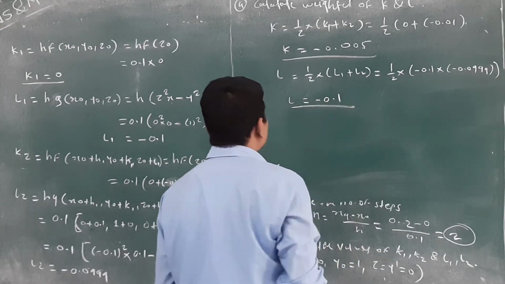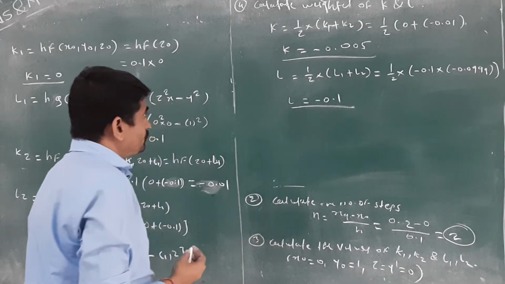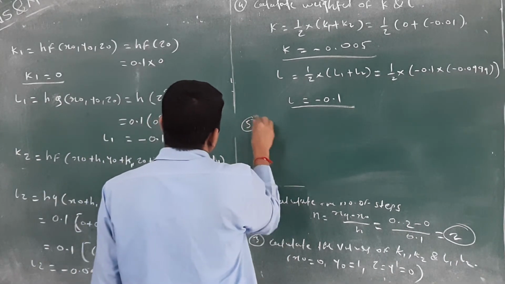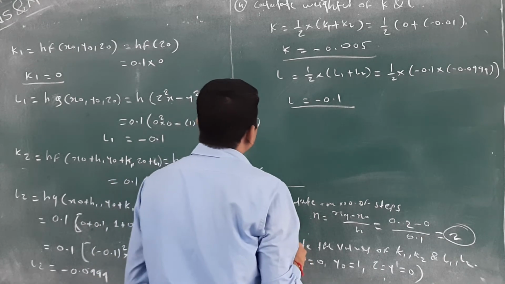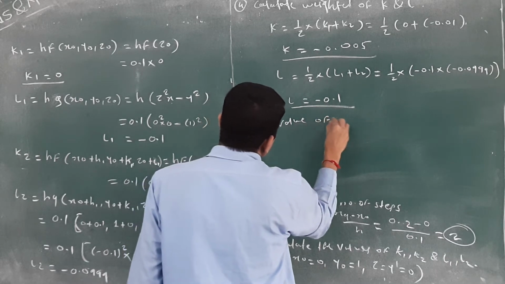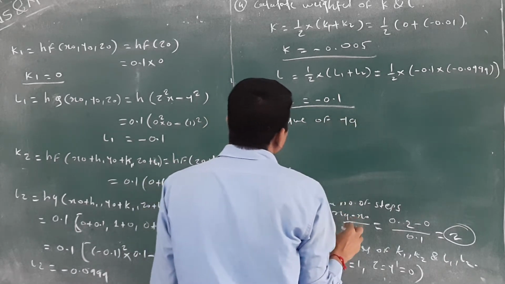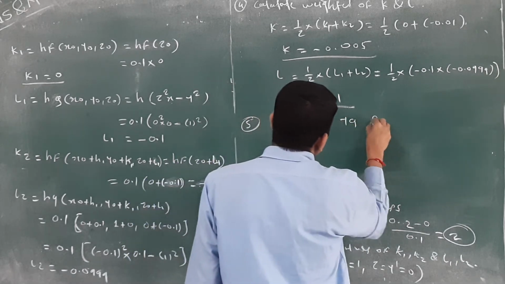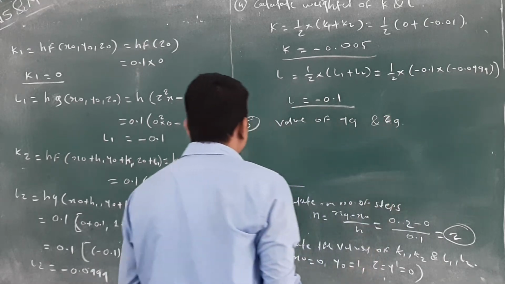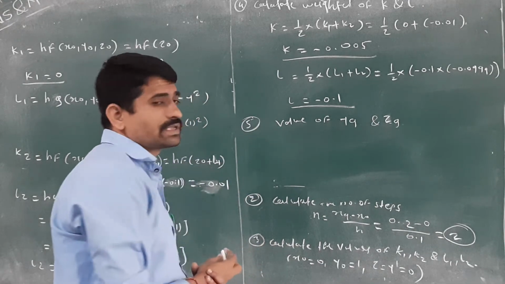Once you have calculated that, then you have to calculate the next step. We want to calculate the values of Yj and Zj. How to calculate that Yj and Zj value?